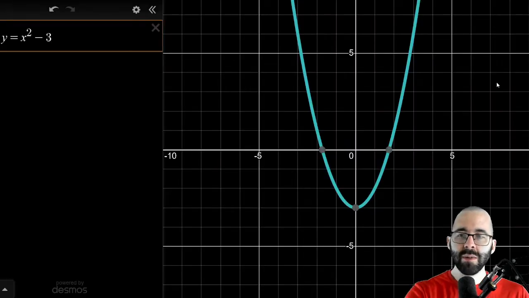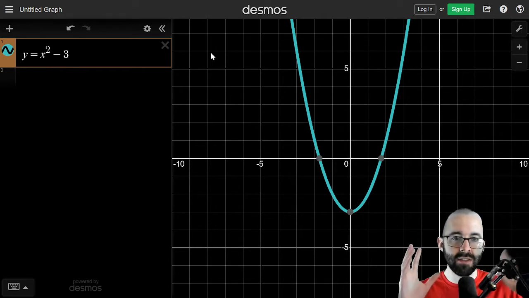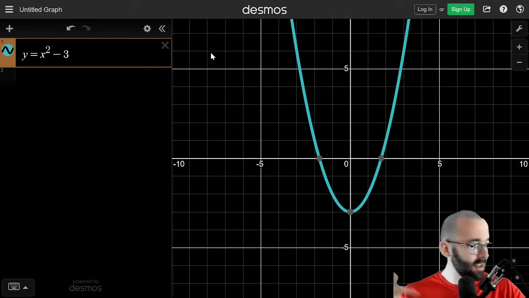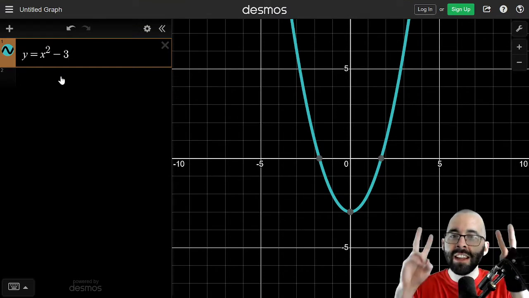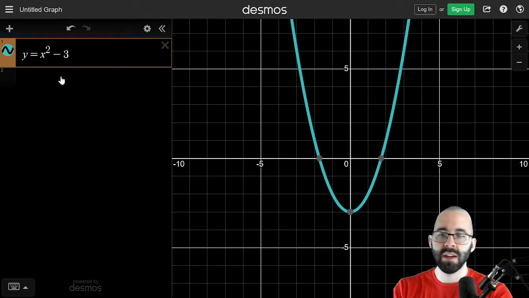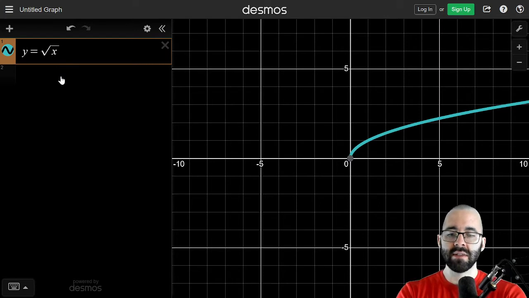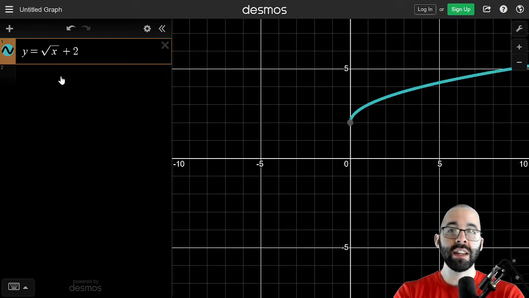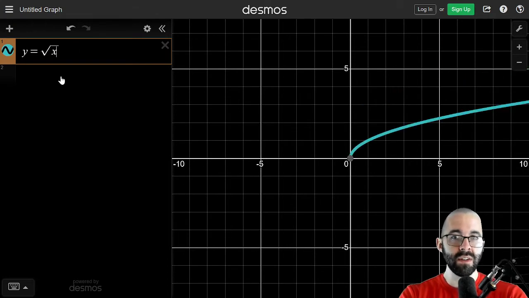So something that's going to be kind of a theme in this section is up, down, has to do with doing something on the outside. Left, right, has to do with something on the inside. So just like when we talked about function compositions, the inside of a function is a sort of nebulous concept. Let's look at something. If I have the square root of x and I add 2 on the outside of the square root, notice it moves it up 2.